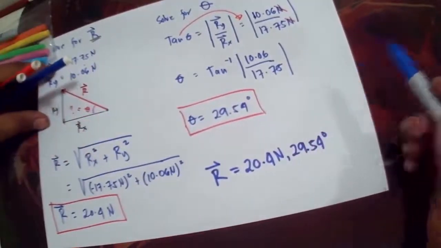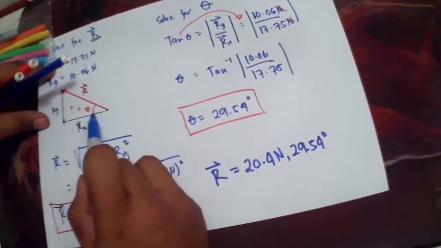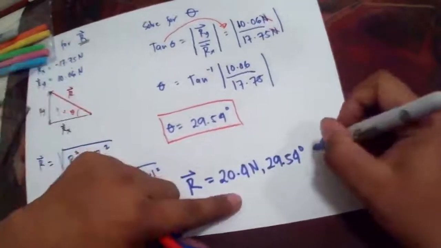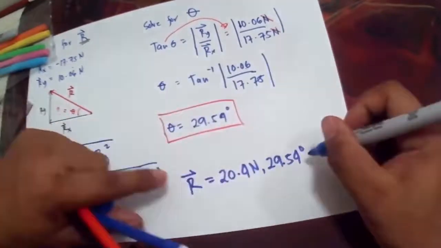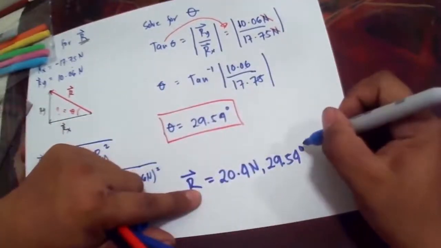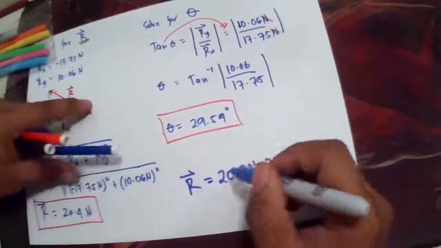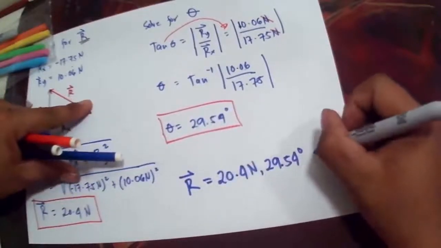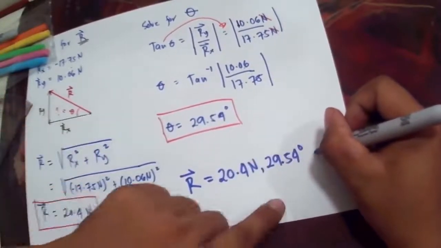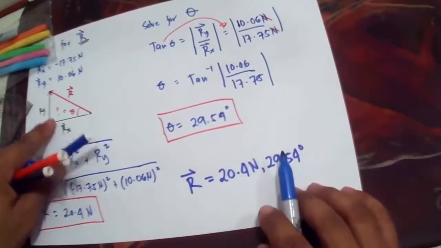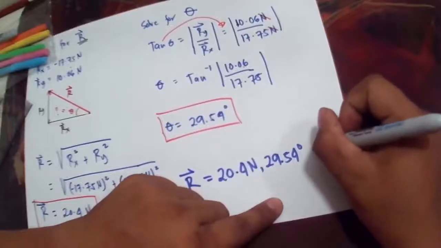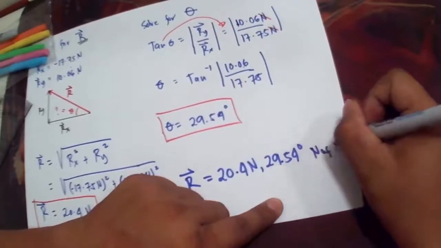The direction is this one: r sub x is going to west, so we can write this as north of west.